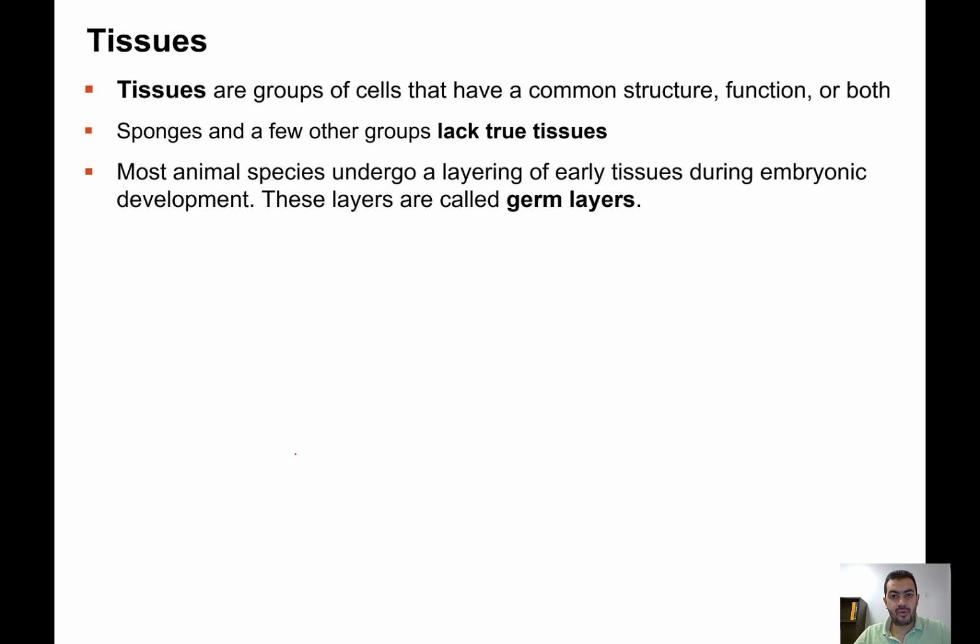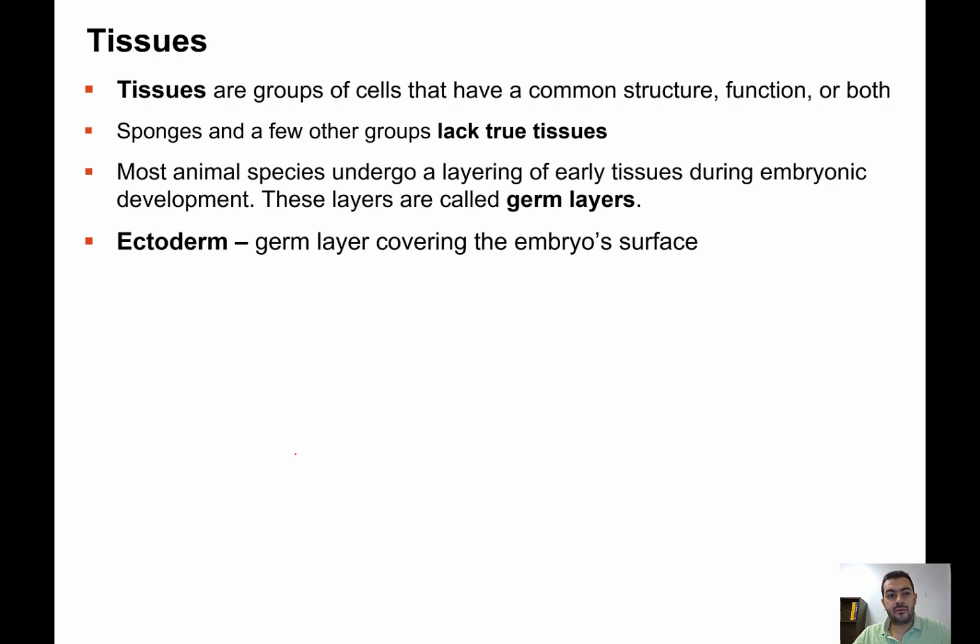As we said before, this is a process that we'll find in most of the animals, and it will generate the different tissues of the animals. We have at least 2 layers. Some animals have 3 germ layers, but the others have only 2. So we will start with the 2 layers that you will find in the animals with germ layers.